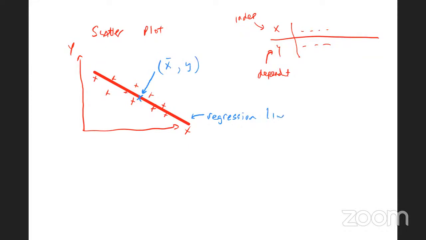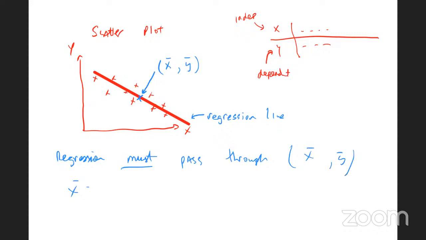The regression line must pass through X bar, Y bar. Just to remind you, X bar is the sum of X on N, Y bar is the sum of Y on N. Okay, so make a note of that, please. Very important when they ask for the regression line, that you know what X bar, Y bar is, and you plot that point and make sure your regression line passes through there.